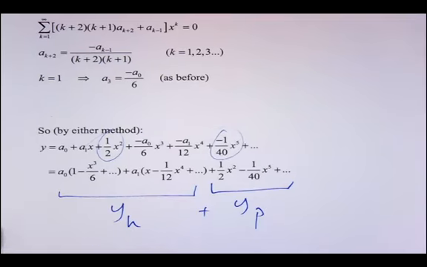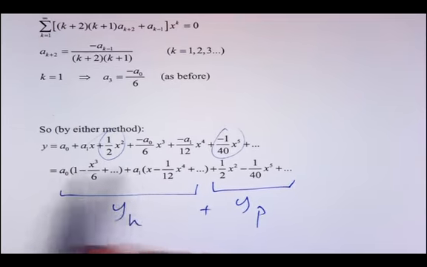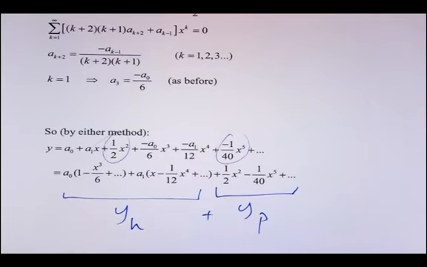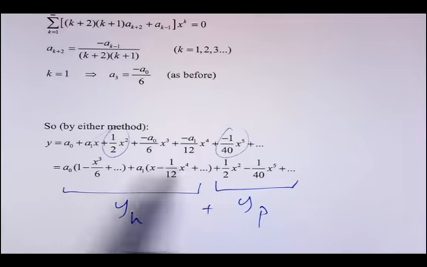That looks like the same sort of form as we've seen for the non-homogeneous case, where we found that the function was the sum of a homogeneous solution and a particular solution. The homogeneous was the one with the unknown constants, and this was the particular solution. Now, it's not necessarily true that this is the homogeneous solution, okay?